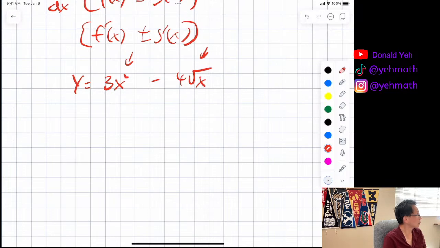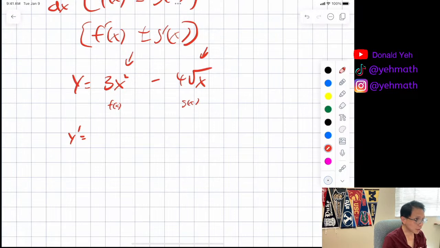That's it, you do it 2 times. They are not distributable, but they follow the rule. The rule says if you take the derivative of one function plus another function, then it'll be f prime of x plus g prime of x.